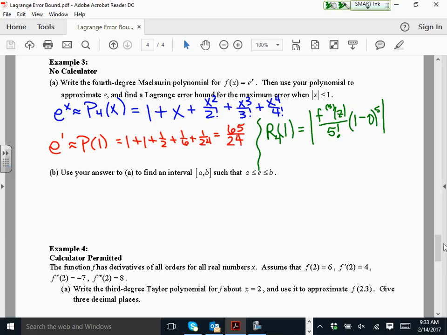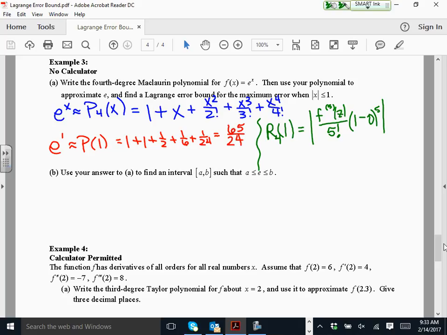Our interval technically is 0 to 1 because we're centered at 0 and approximating at 1. So what's true about our e to the x function? It's going to keep increasing. So where are we going to find the maximum on our fifth derivative? Our value would be 2.7 something something something.